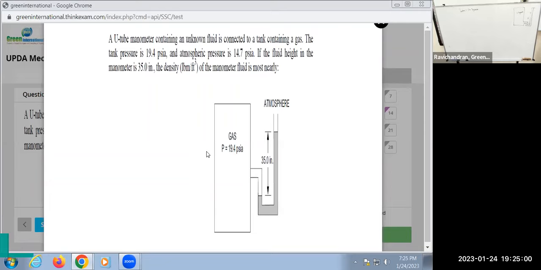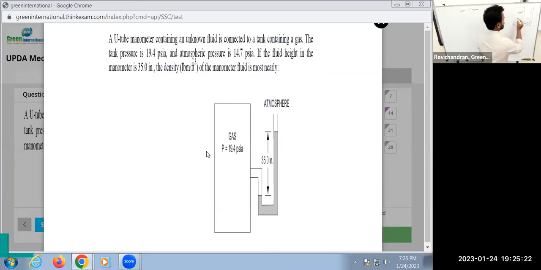If the fluid height in the manometer is 35 inches, find the density in lbm per cubic feet. So they are asking for the density in lbm per cubic feet of the fluid. It's unknown, it's not known to us.